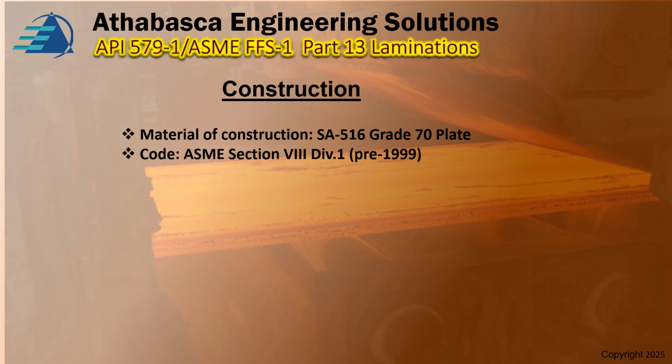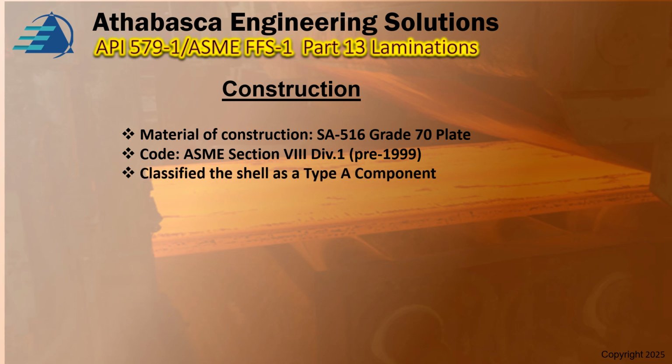The design and construction code is ASME Section 8 Division 1, and it's pre-1999, so essentially the allowable stresses are different. There's a few other little differences, but that's about it. I have a great video on the differences in these allowable stresses in our library if you'd like to take a look.